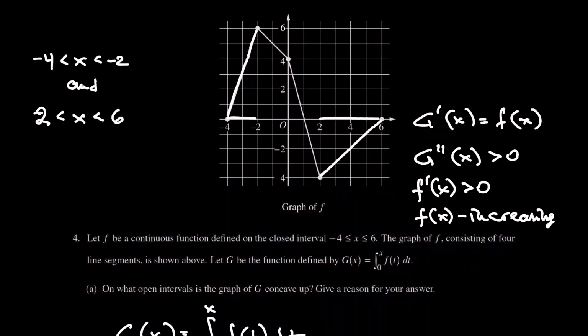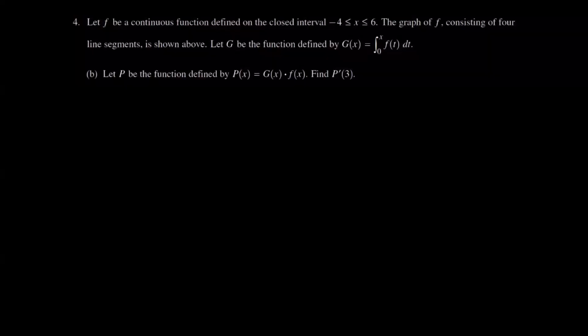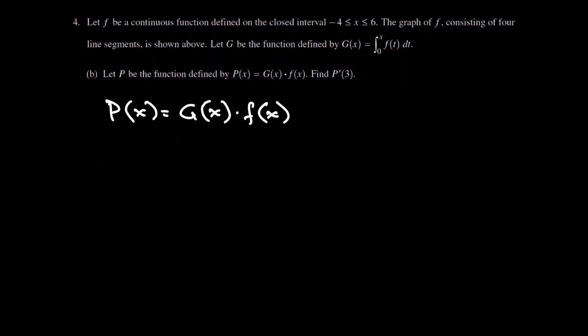Let's move on to part B. In this question, we are given a new function p of x, which is a product of g of x times f of x, and we need to find p prime at x equals 3. So let's take a look at p of x. p of x is equal to g of x times f of x. Let's differentiate this using the product rule.